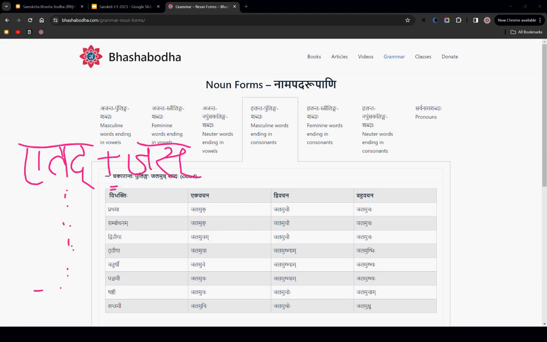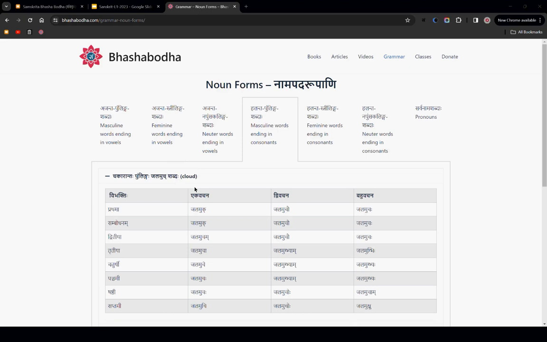During the process, the sandhi might happen in between. So right now, in the first step, there is no sandhi. I'm just trying to look at where in the grammar, the Vyakarana, we need to look into it. Okay, fine, thank you.